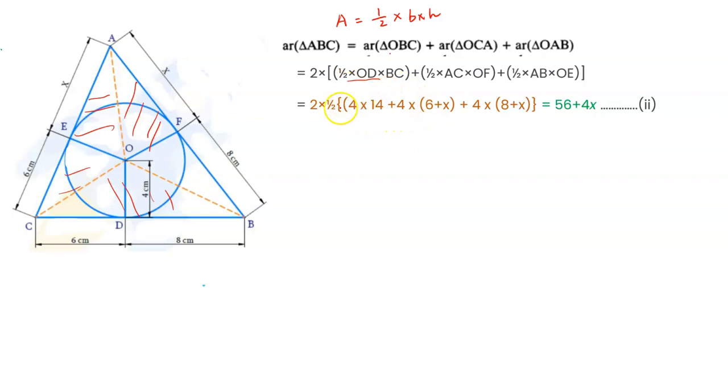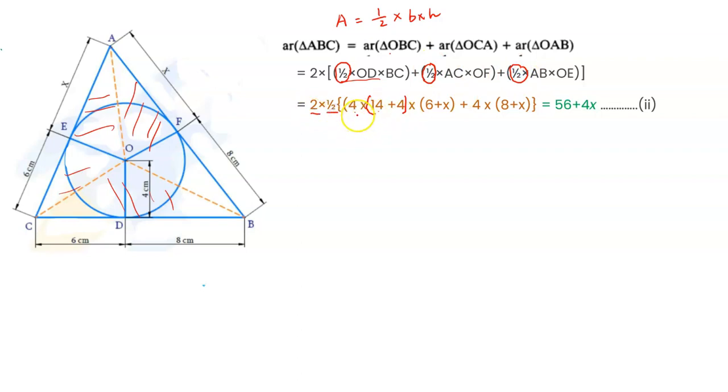Just substituting the various values, one half into 4 into 14, 14 plus 4, sorry, in this case you can use parenthesis, that will be helpful, plus 4 multiplied by 6 plus x. Here I'm taking one half as a common part everywhere. What is left here?